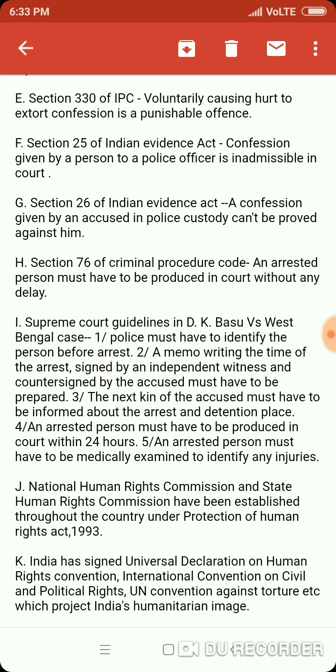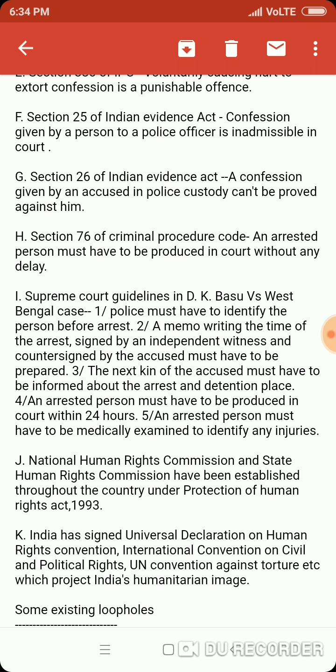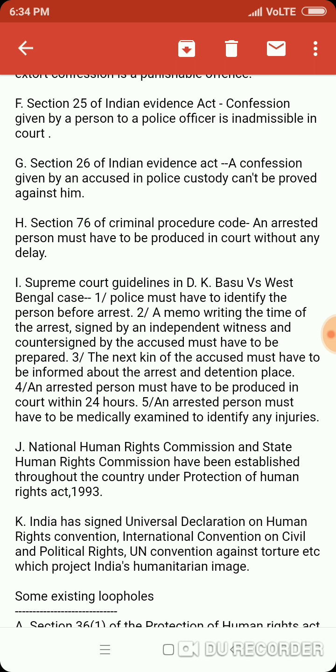Section 25 and Section 26 of the Indian Evidence Act are very important, because as per these two sections, a confession given by an accused person in police custody cannot be proved in court and is not admissible in court. This is to protect the person from inhuman torture in police custody. A person can say anything when caused by inhuman treatment by the police.